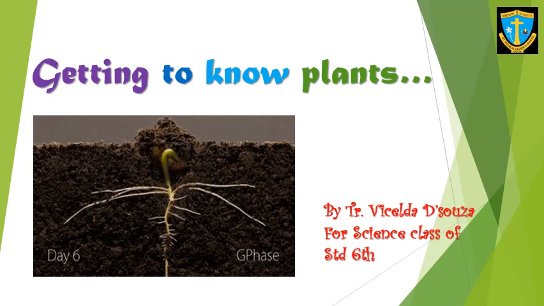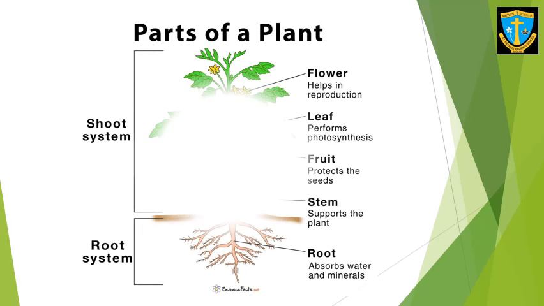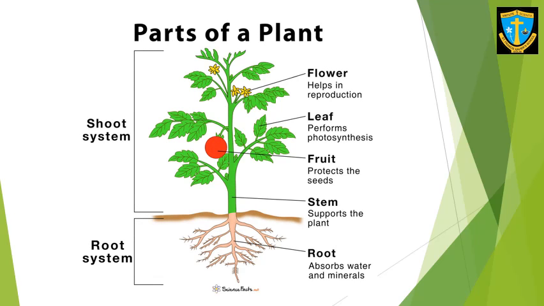In the chapter Getting to Know Plants, today we will have a look at the shoot system, that is the stem, the leaves, flowers and fruits.